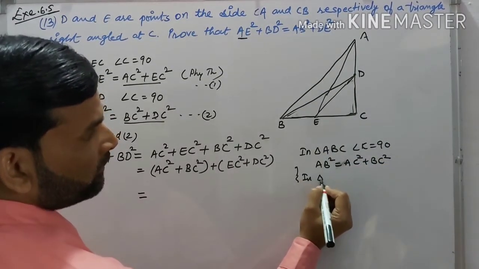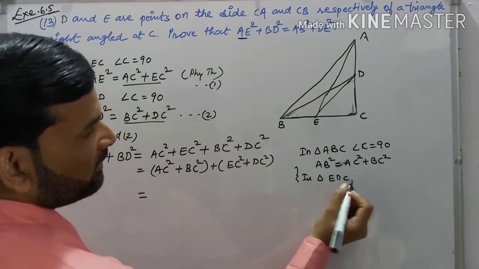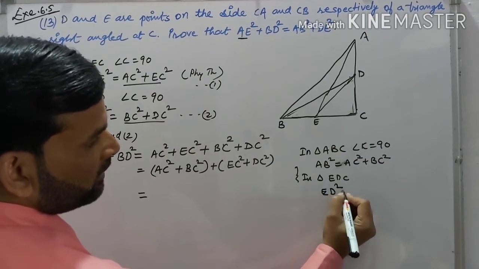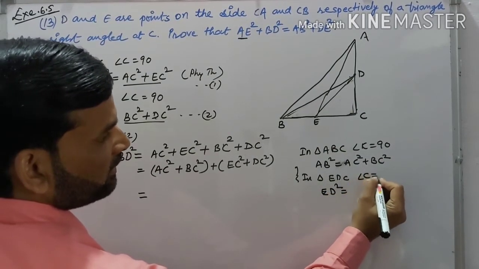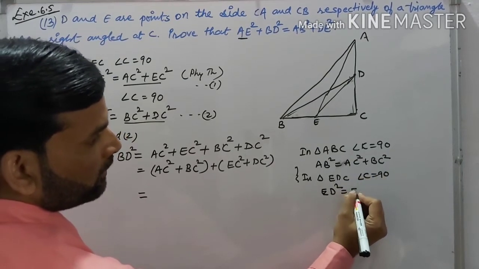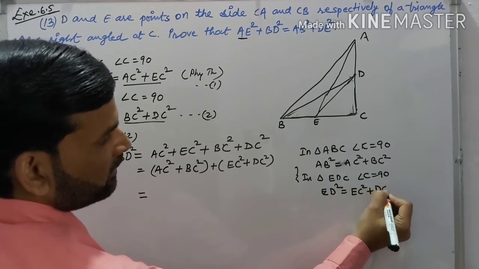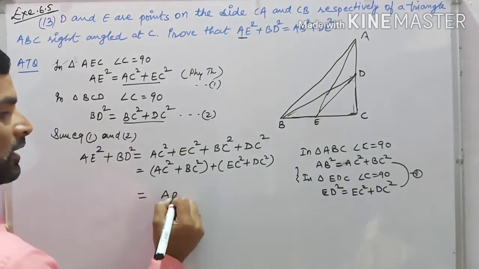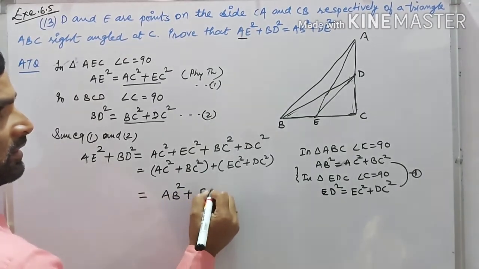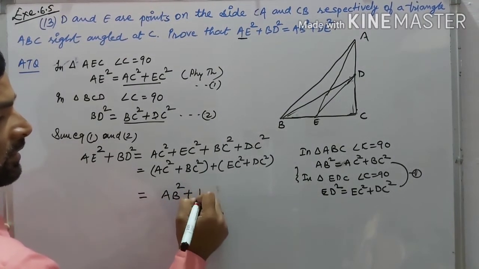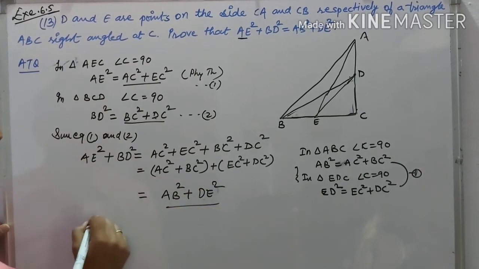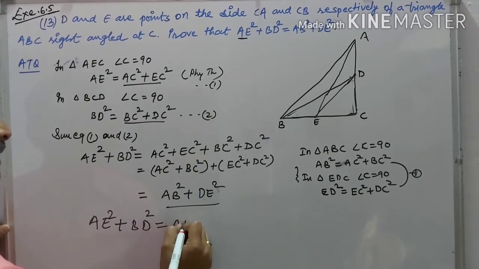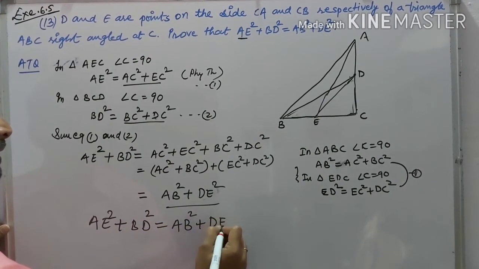And in the small triangle EDC, ED square is equal to EC square plus DC square, because angle C is 90. From these equations, you write directly AE square plus BD square is equal to AB square plus DE square.